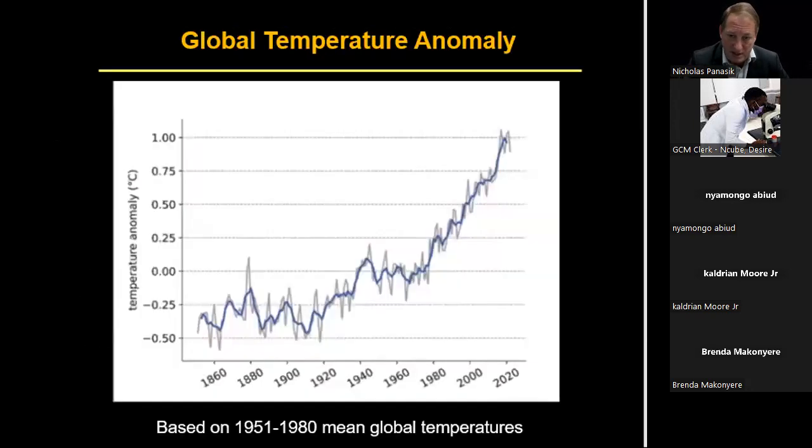And I showed this picture last time. This is the global temperature anomaly. The reference period in this case is between 1951 and 1980.